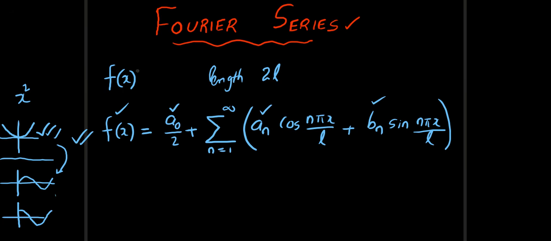So you have a function f of x which is defined in an interval of length 2L. And what we do is we convert, or we are trying to convert, this function into a convergent series, which is written in terms of sine and cos. And your aim will be to find a0, an and bn.